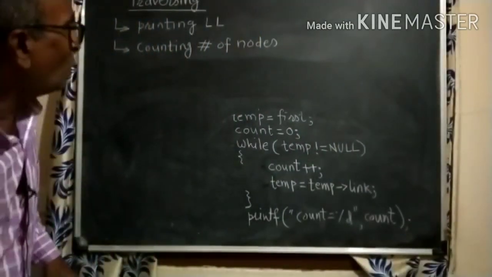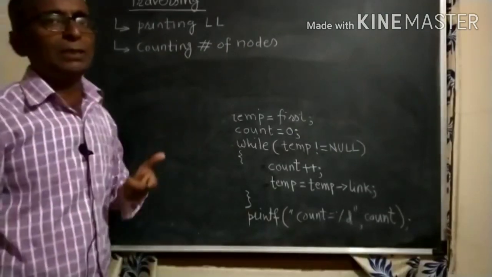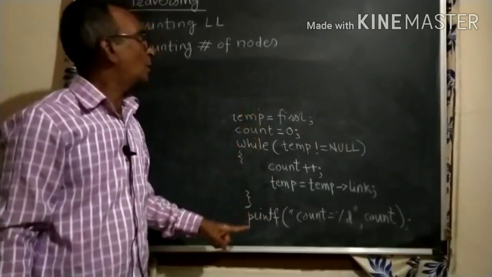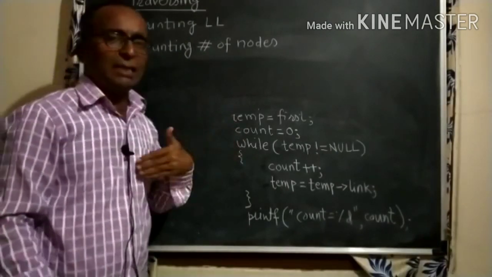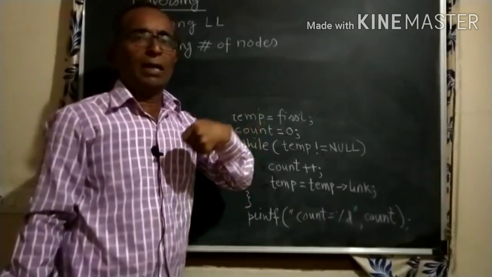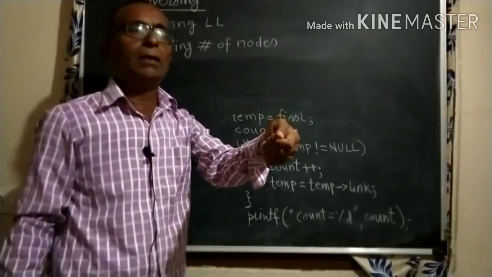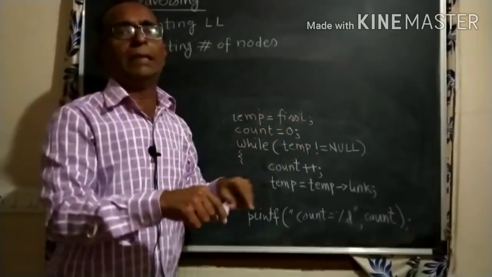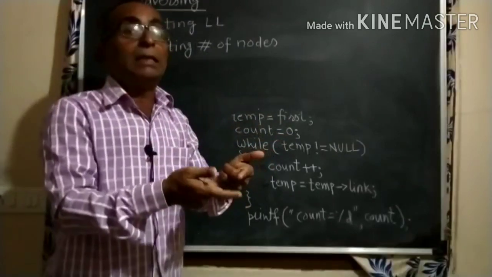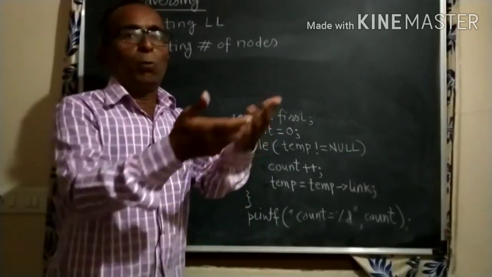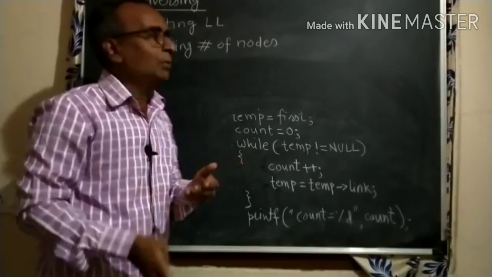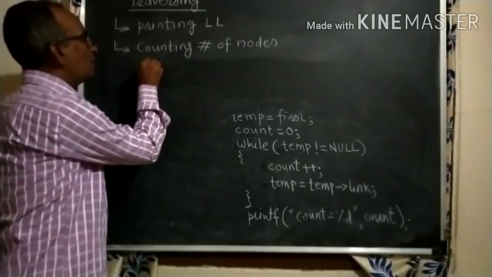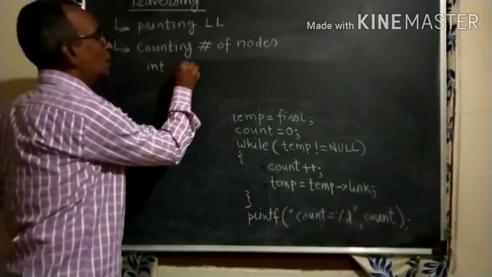Now see, what we are doing, what should be the signature of the function for counting the number of nodes? When I give the list and say count the number of nodes in this linked list, what should it give me? That count, an integer value. So my signature will be integer.